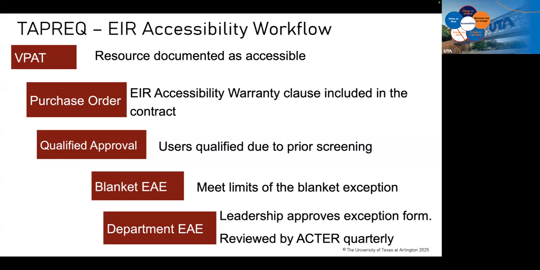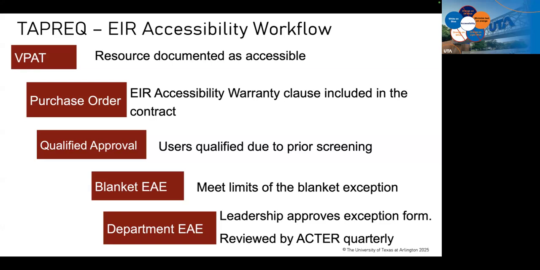But if that is going to be negotiated out of the contract, which hopefully we wouldn't buy it then, or maybe it's something that's free, there is no purchase order. There's something they're buying with a credit card. There is no contract. Then we don't use PO as approval, obviously. So we look at qualified approval. We almost never use qualified approval, but for us, what that means is that the user population has somehow already been pre-qualified.